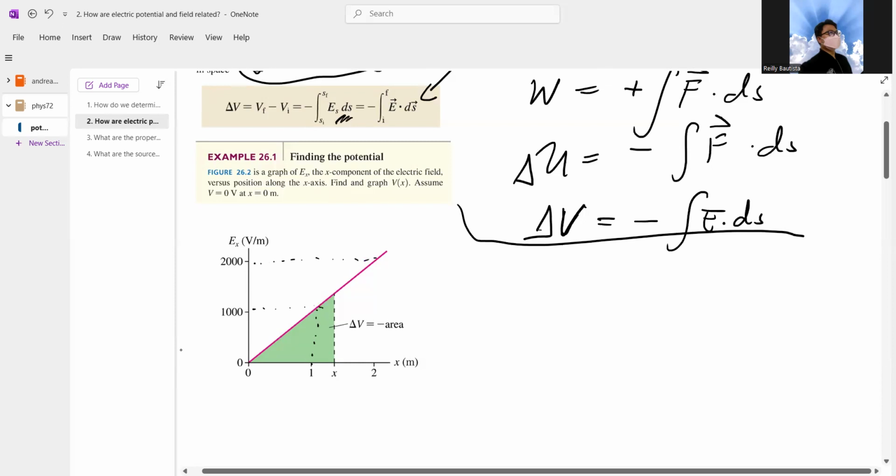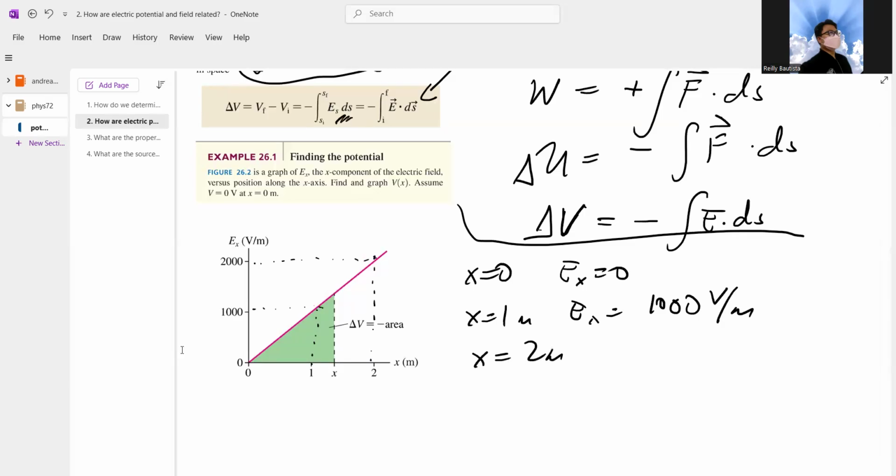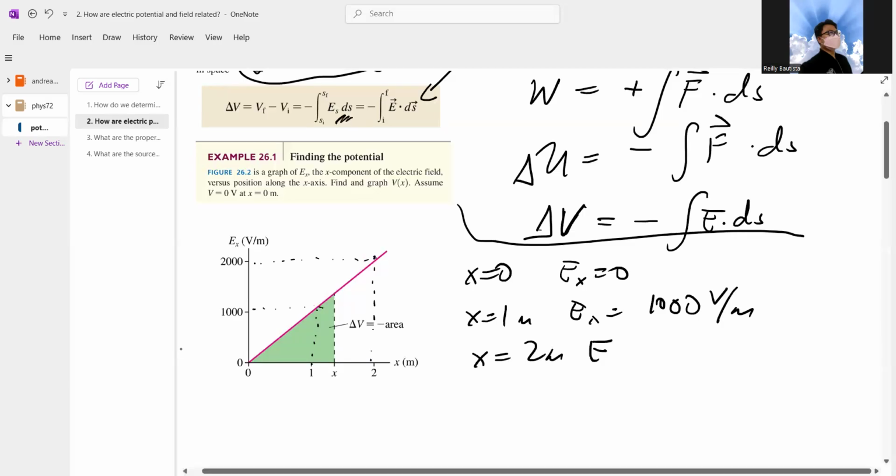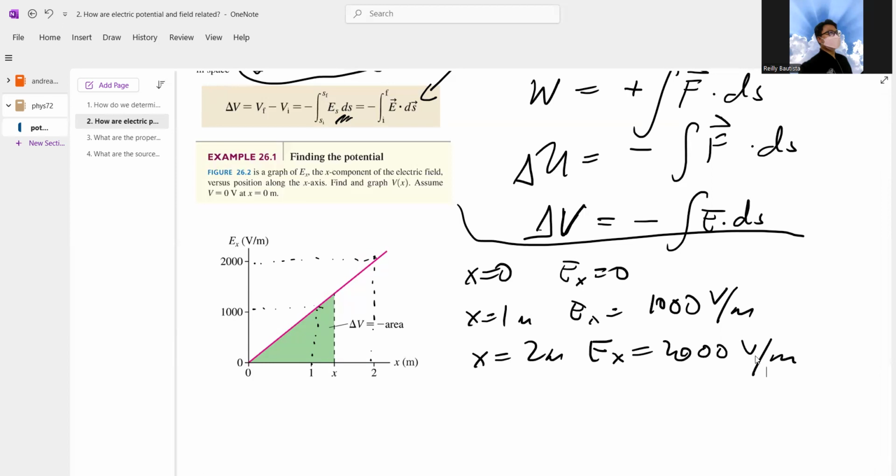We check the 2 here, also matching 1000. So x equals 0, x equals 1 meter, 1000 volt per meter, and then x equals 2 meter. So we clearly see the pattern here.